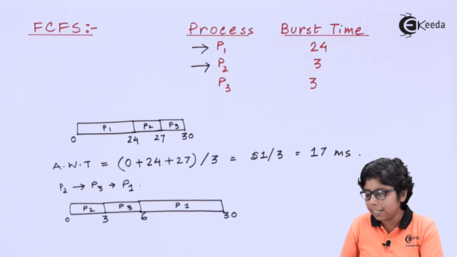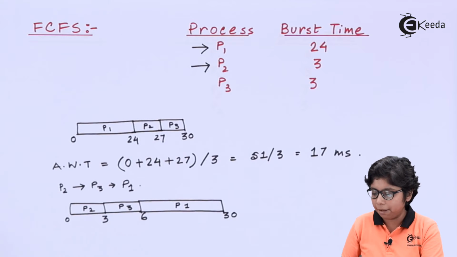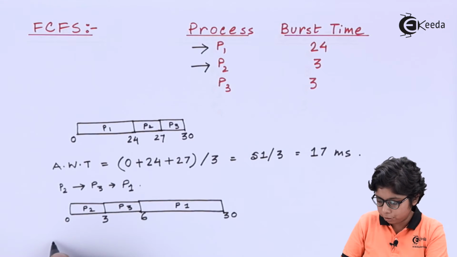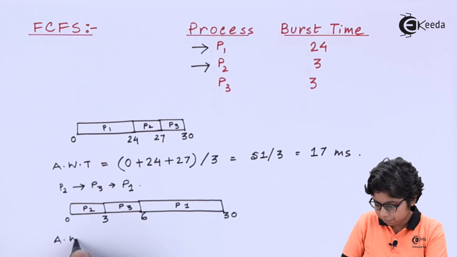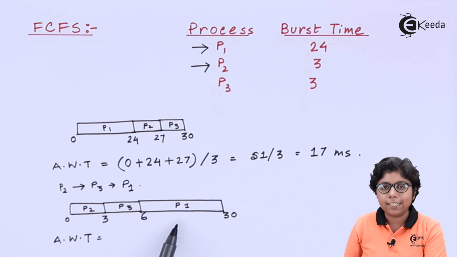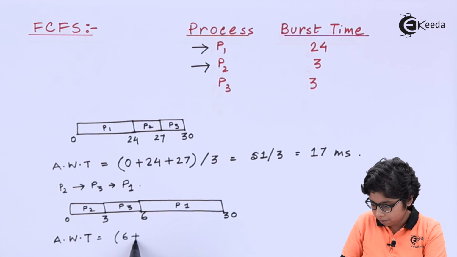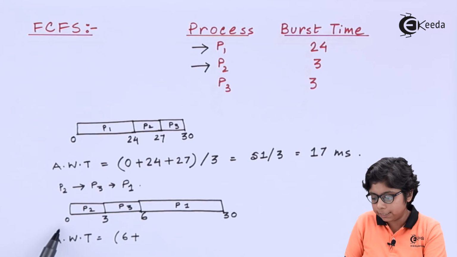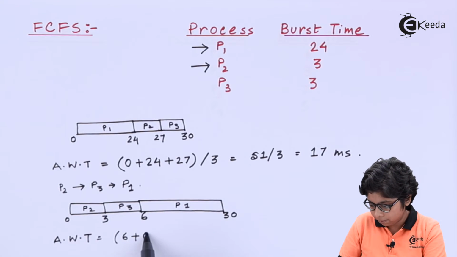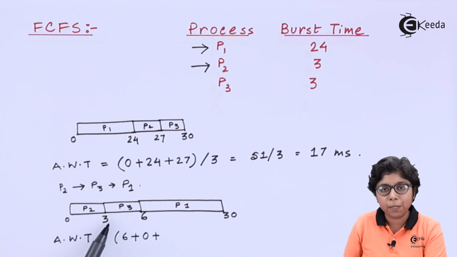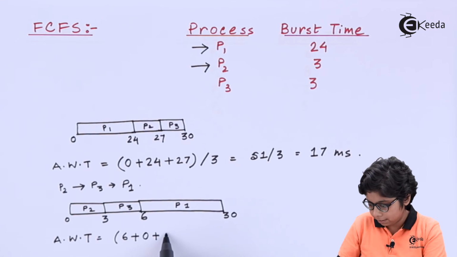Now let me calculate the difference in average waiting time. For P1, it is 6 milliseconds. For P2, it is 0 milliseconds. And for P3, it is 3 milliseconds.